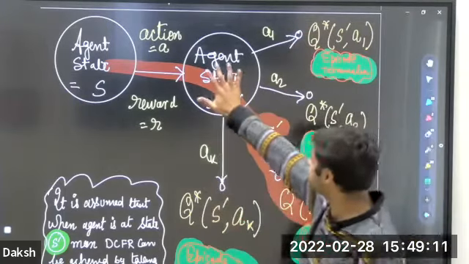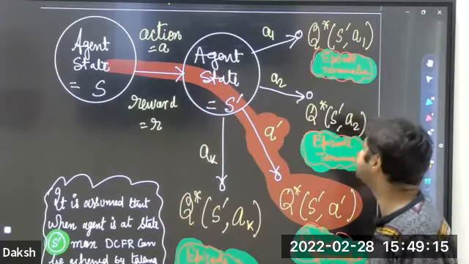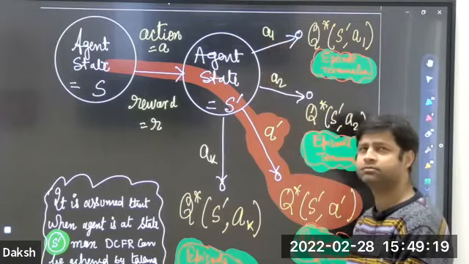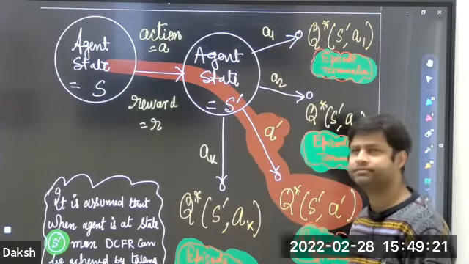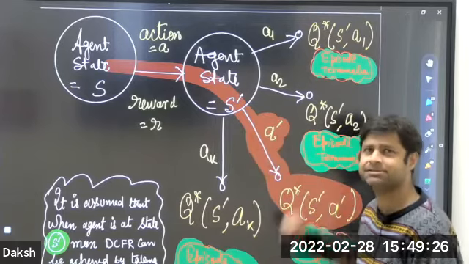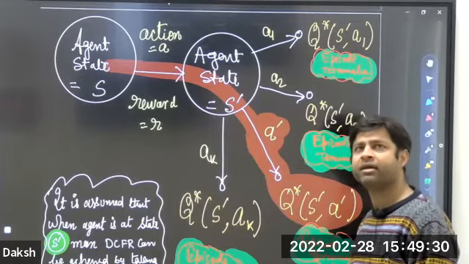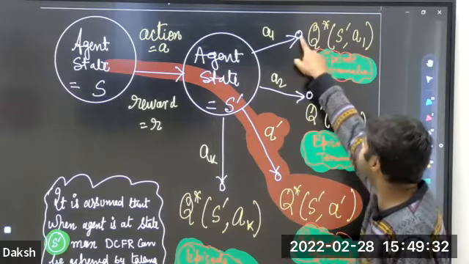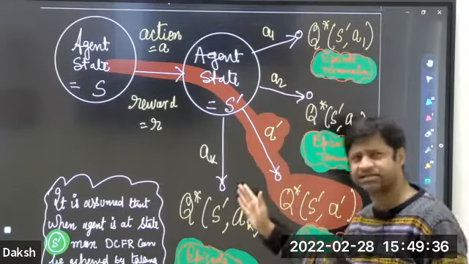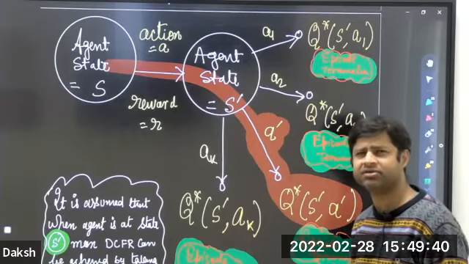So at S dash, it is taking A1. It may take A2, A3, A4, A5, A6, A dash, and finally AK. And it will reach different states, right? Because if you take these actions, who is going to tell you what is going to be your next state?